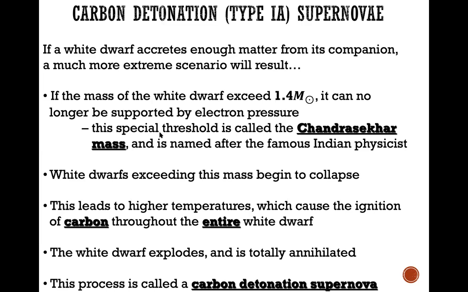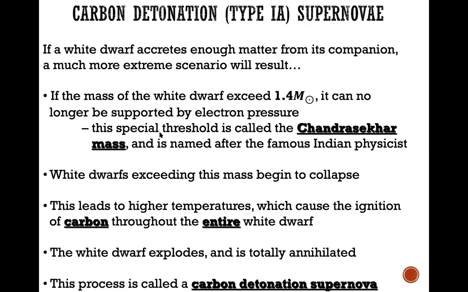Now, what can happen here is if this white dwarf accretes more and more matter from its companion, there is another extreme scenario. One thing that can happen is it can become a nova, as we explained in the previous slide, by having all these materials outside the surface of the star, which will lead to thermonuclear fusion and a sudden increase of the brightness.